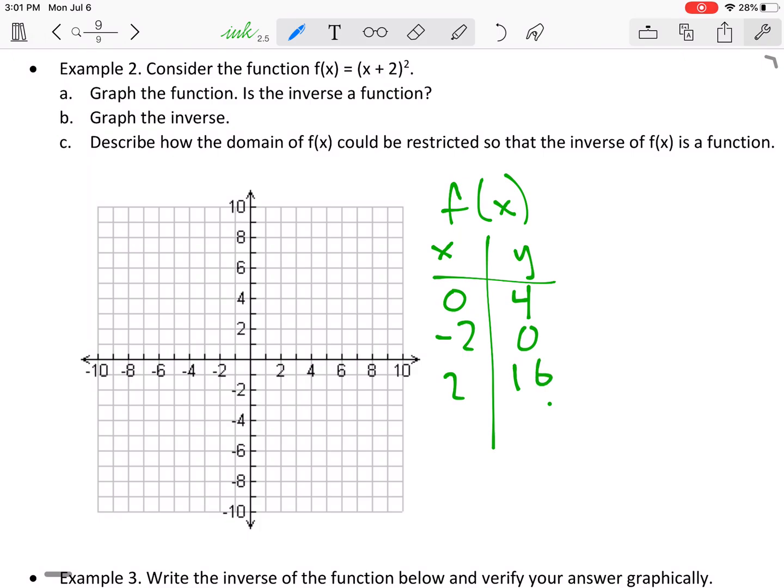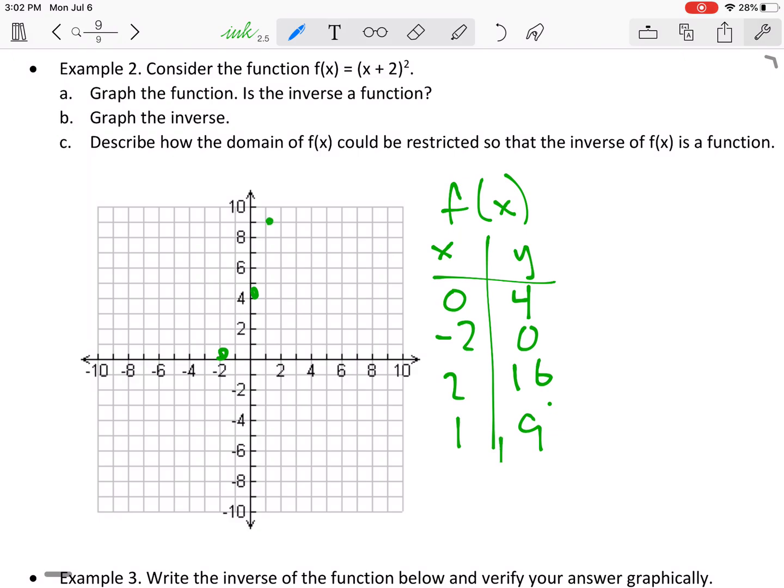That's going to be a little bit hard to graph, so let's try a different point here. Let's use 1, that's going to be 9. Okay, so (0, 4), (negative 2, 0), and (1, 9).